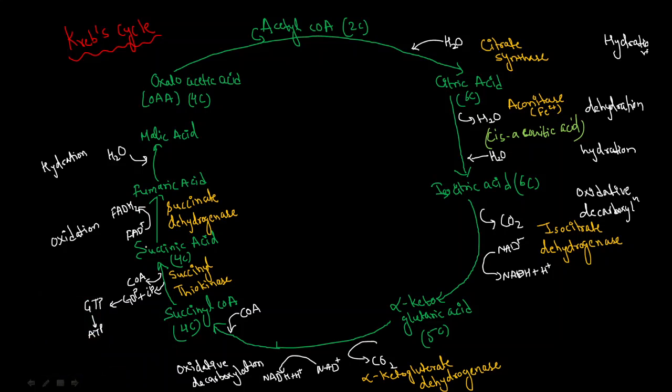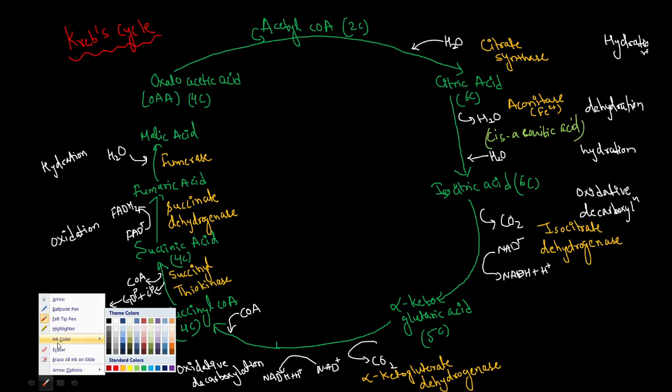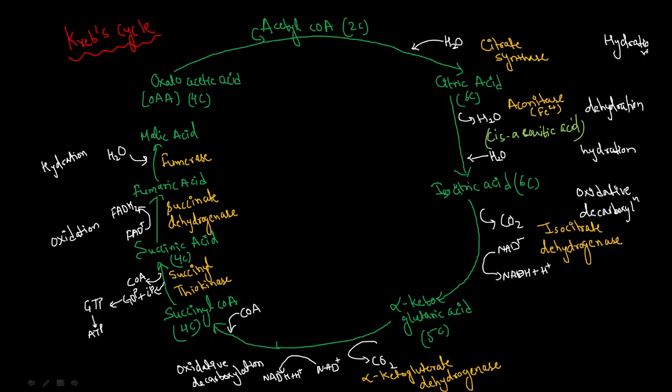It requires another enzyme as well, so the enzyme is fumarase enzyme. Right? Now see all the compounds that are being formed here, succinic acid, fumaric acid and malic acid, these are 4 carbon compounds only.